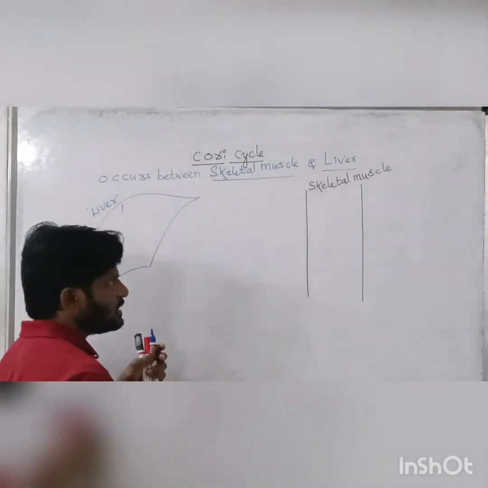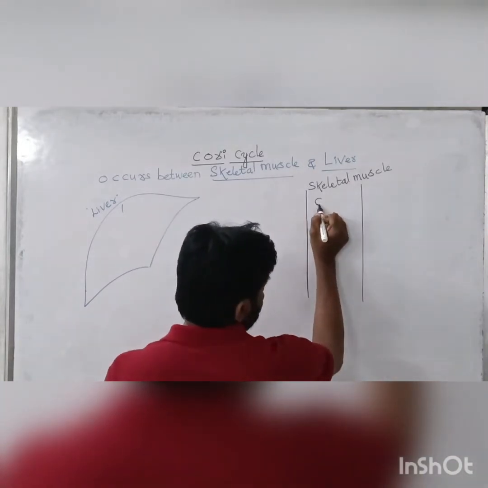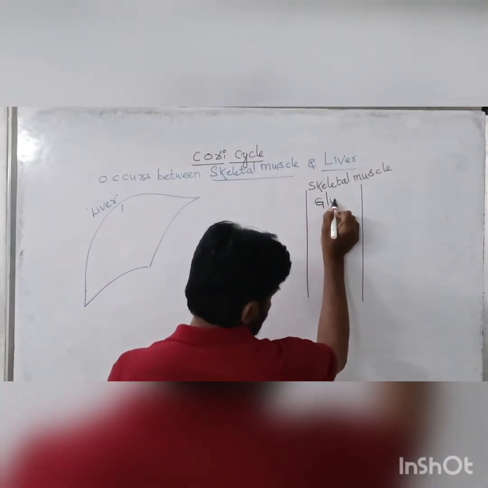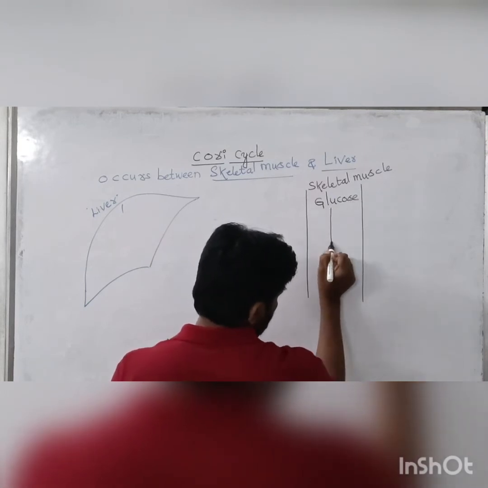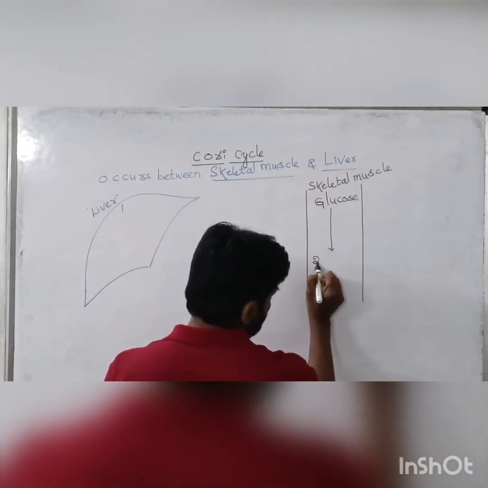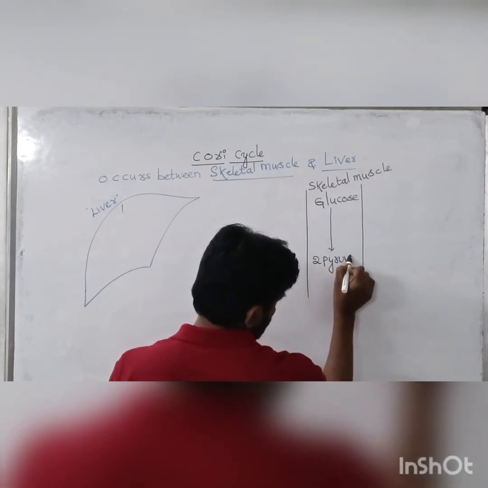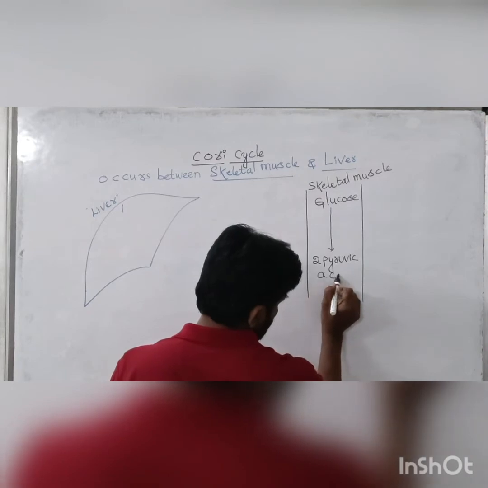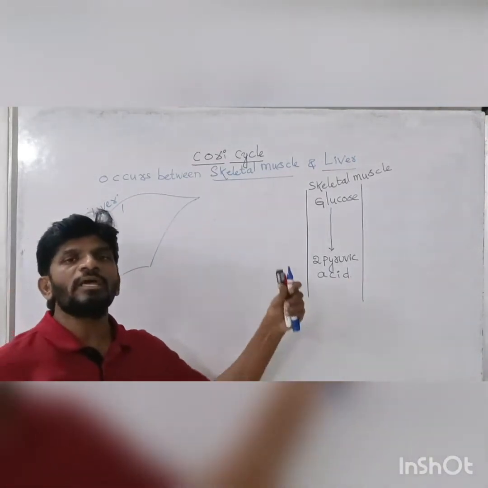In the skeletal muscle, the reaction is as follows. Glucose converts into pyruvic acid, two molecules of pyruvic acid. This is general glycolysis.